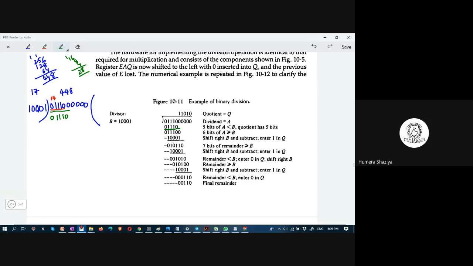Consider 6 bits now: 0, 0, 1, 1, 1, 0, 0. Consider 6 bits, and then put the divisor, which is 1, 0, 0, 0, 1.